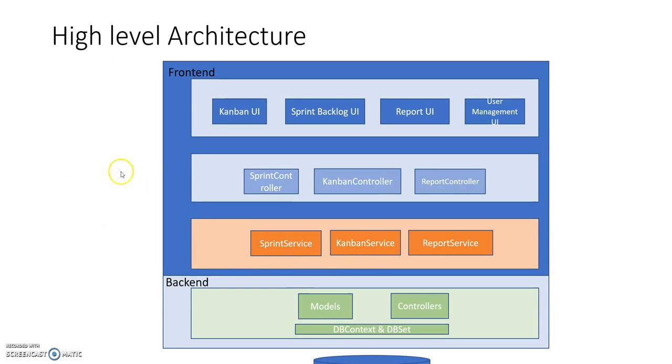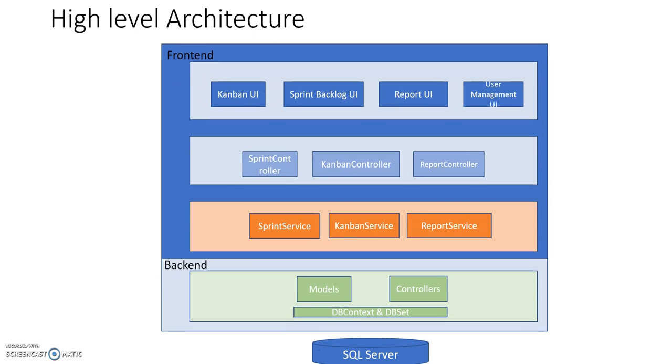So this is the high-level architecture. Starting from SQL Server, bottom up, it talks to DbContext and DbSet of Entity Framework, and it talks to controllers, and finally the controllers expose some APIs to the outside world, which is the front end.